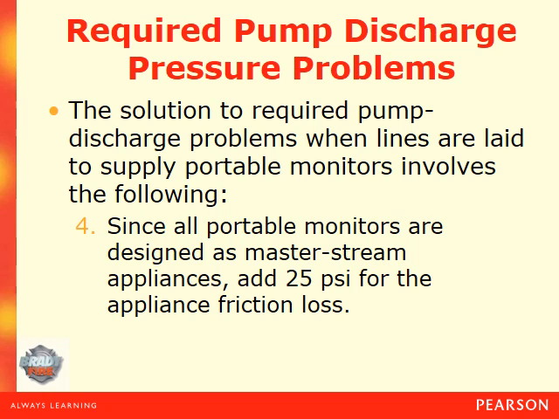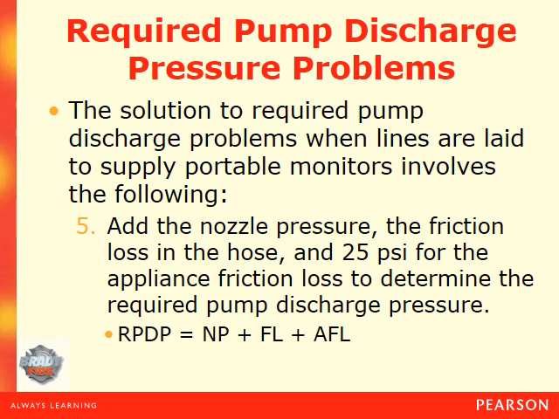Since all portable monitors are designed as master stream appliances, we've got to add that 25 psi in addition to the friction loss to get our required pump discharge pressure. So we add the nozzle pressure, the friction loss in the hose, and the 25 psi to get our final answer.